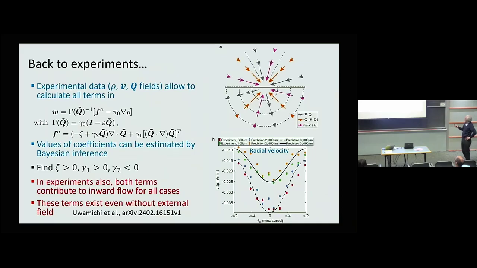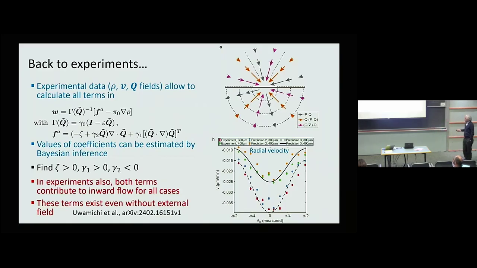So even for the target pattern, even if the linear force term goes outward, the nonlinear terms, both gamma 1 and gamma 2 terms, are directing inward. For the aster pattern, all three terms are directed inward. So in our case, the sign satisfies this condition.